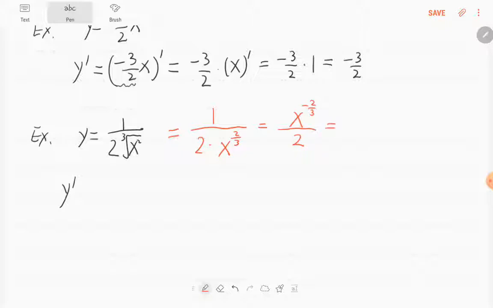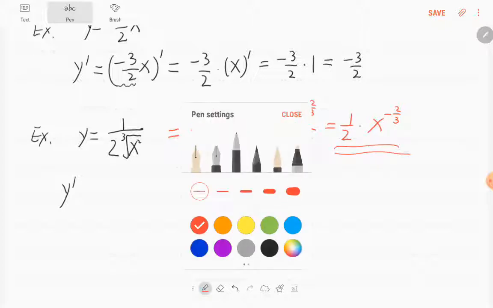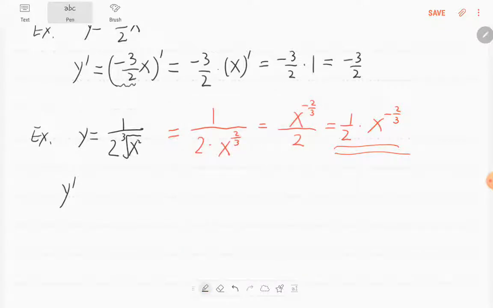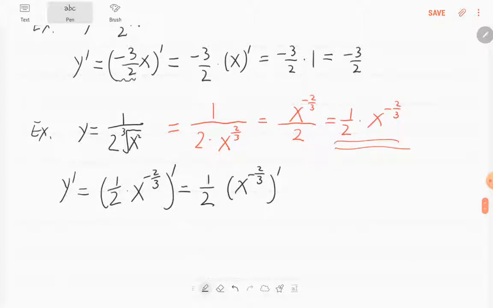If you write it as a scalar multiplication, a constant times the function, it's 1/2 times x to the -2/3. With this form, you can use the scalar multiplication rule and the power rule to get your result. So the derivative is the derivative of 1/2 times x to the -2/3. Let's bring out this 1/2, then take the derivative of x to the -2/3 using the power rule.